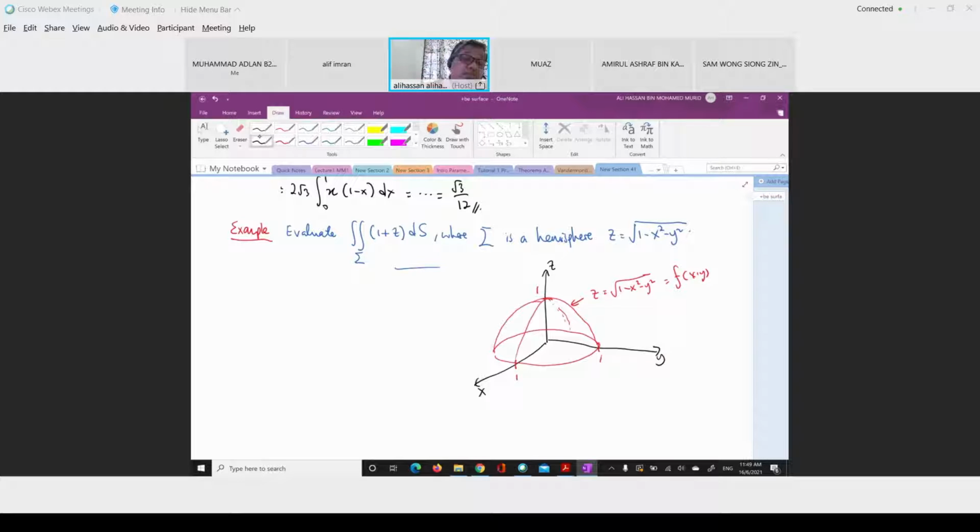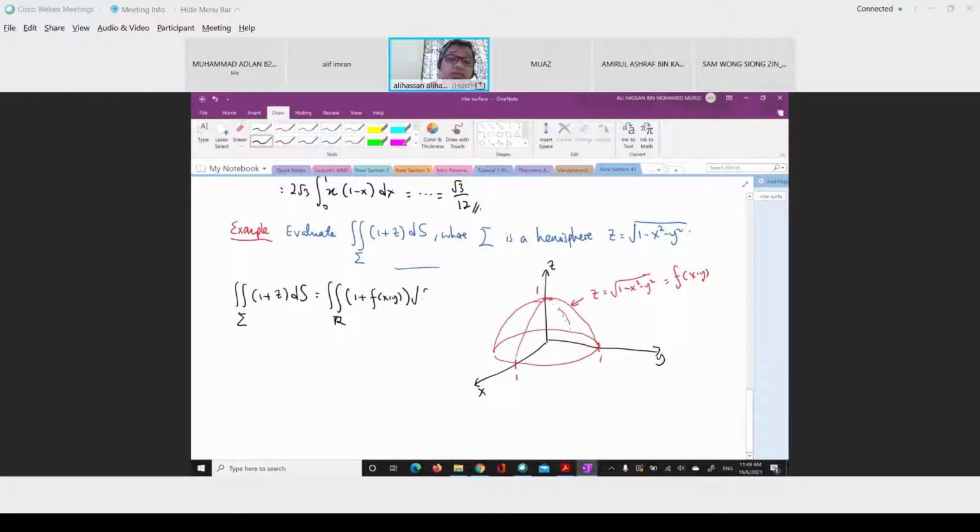So according to the technique for the evaluation of the surface integral, what we need to do is replace z by the surface, and then dS becomes what?